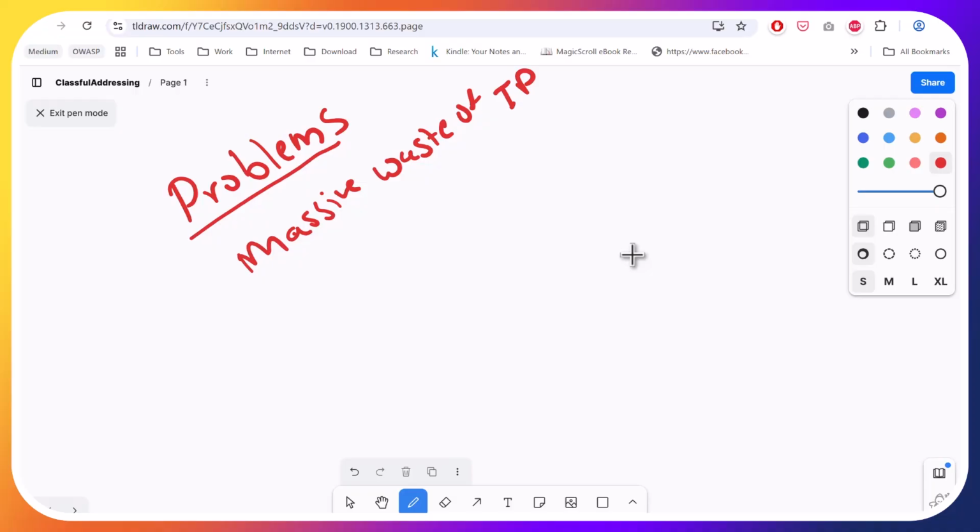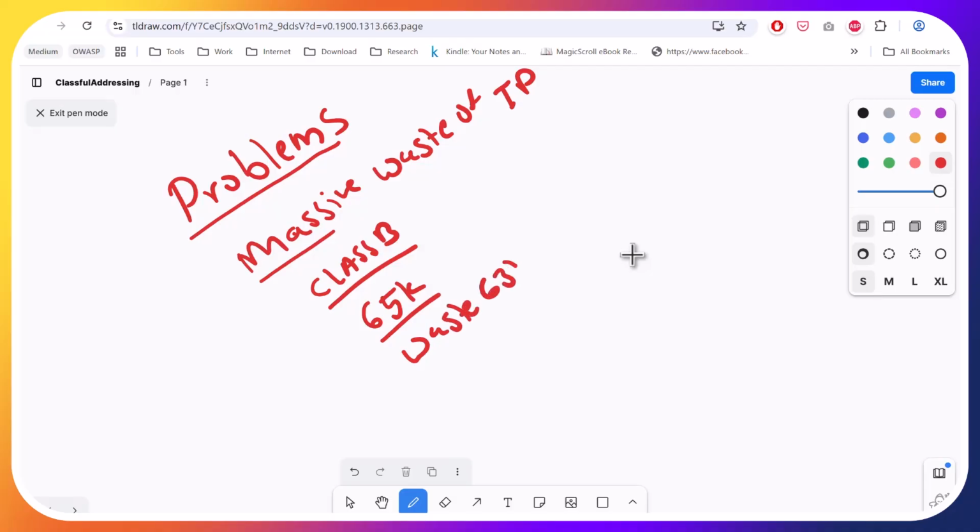So for example, a company needs only 2,000 IPs. The smallest fit here will be class B, right? But if you take class B, you will get 65k devices almost. So it is a waste of around 63k devices, correct? This is why IPv4 exhaustion happened in the past.